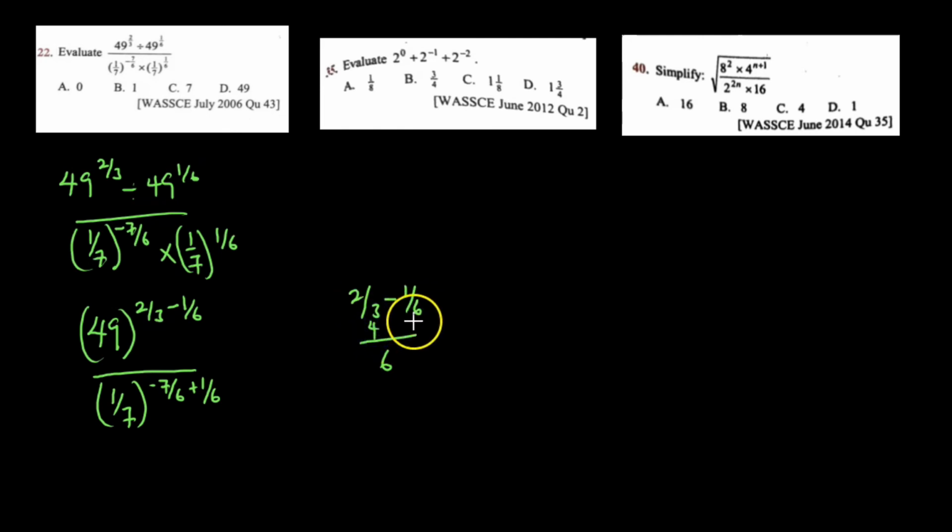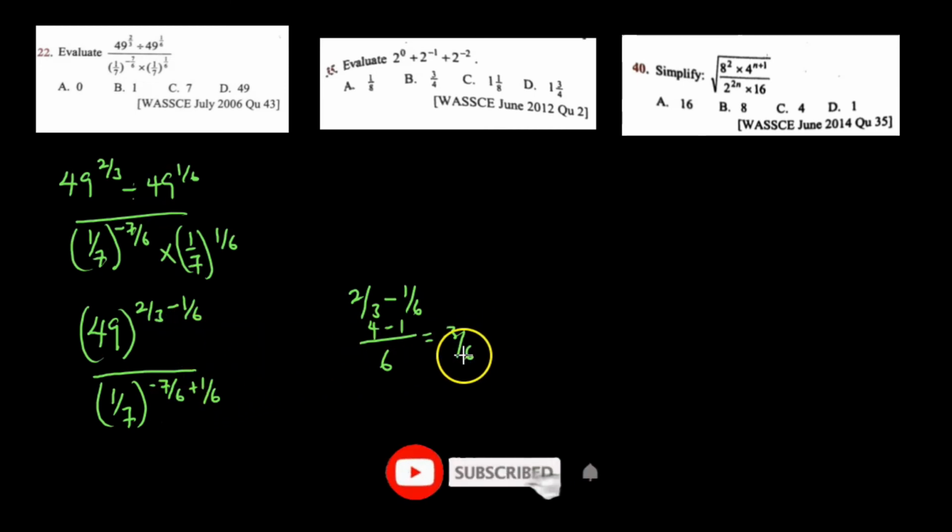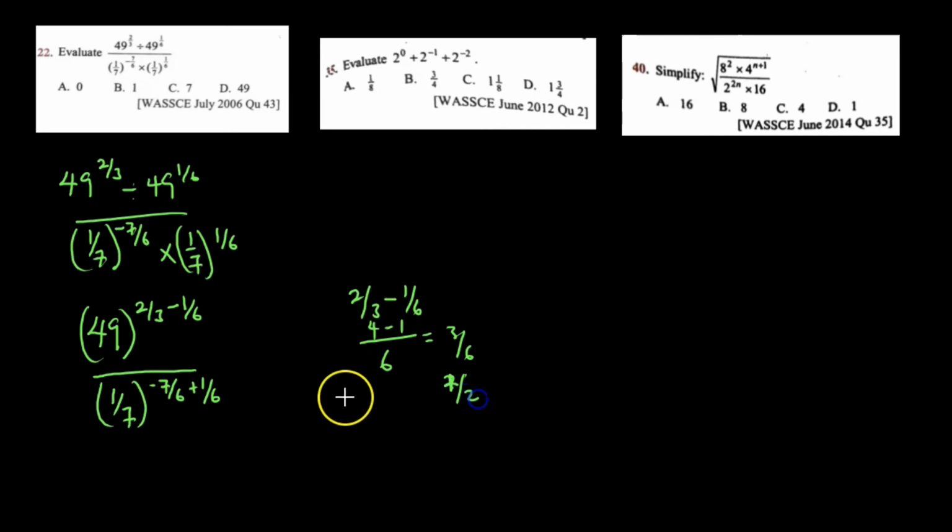Then 6 goes into itself 1 time, so we have 1 minus 1. 4 minus 1 gives us an answer of 3 on 6. So 3 on 6 can be reduced to 1 on 2. So when we simplify the whole of 49 raised to that power, we get 49 raised to the power 1 on 2.